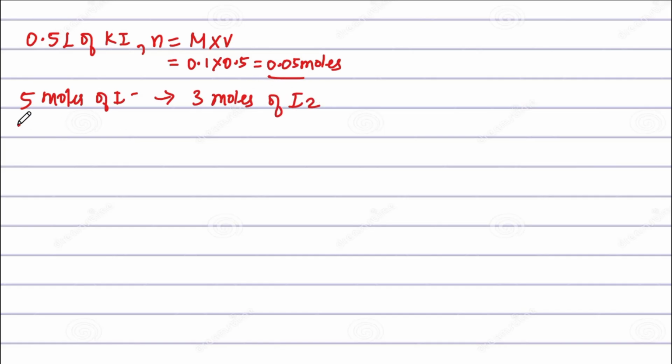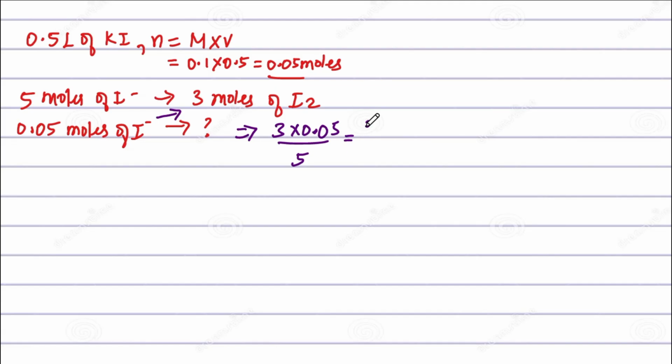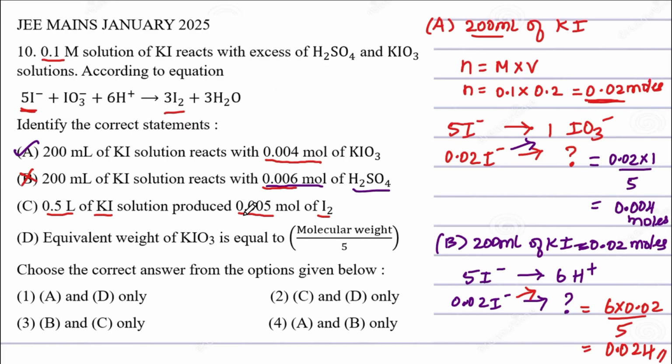Here we have 0.05 moles of I minus; how many moles of I2? Same method: 3 into 0.05 divided by 5, so 3 into 0.01, which is obviously 0.03 moles of I2. Here it is mentioned 0.05, so statement C is wrong.